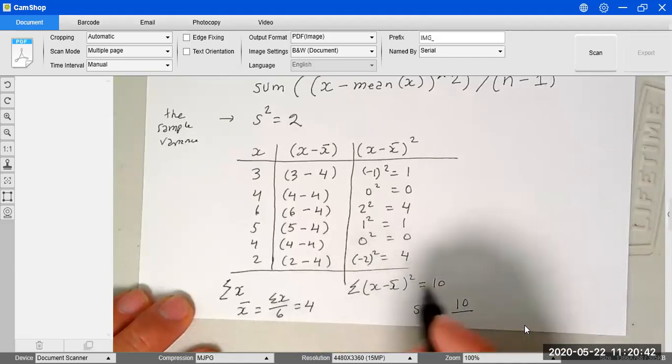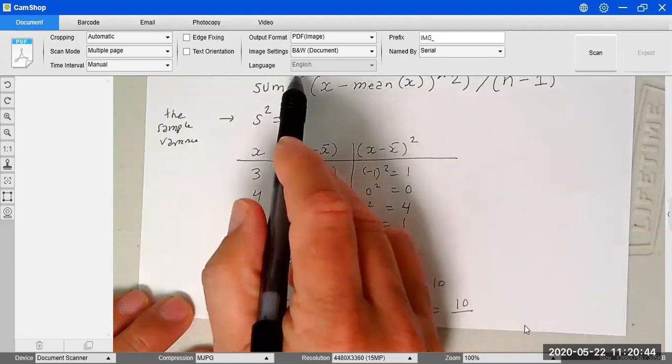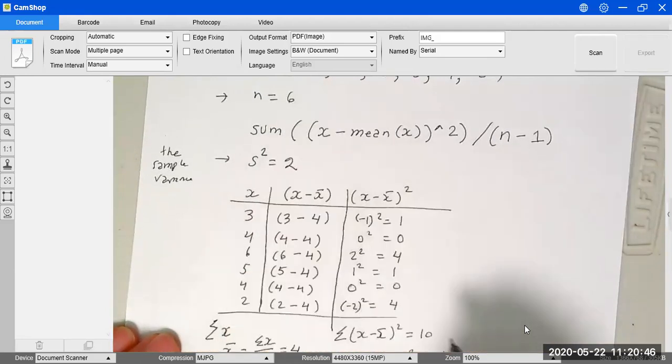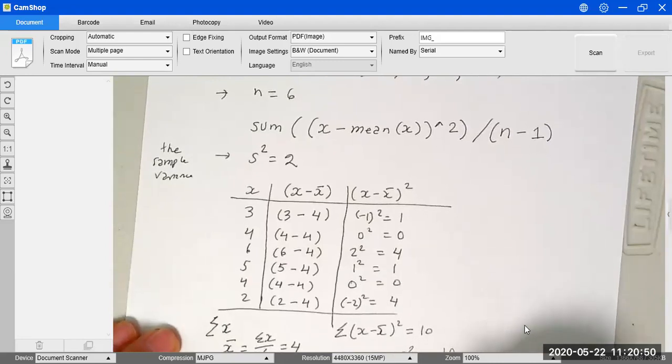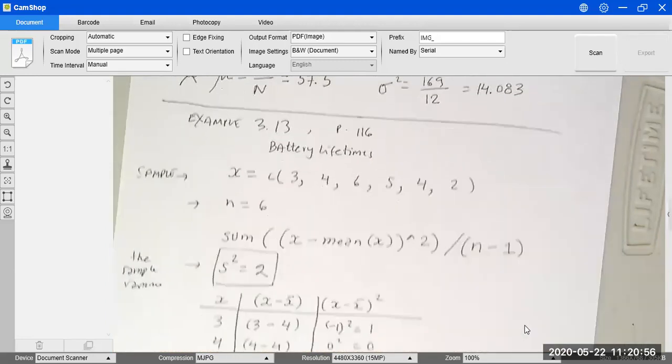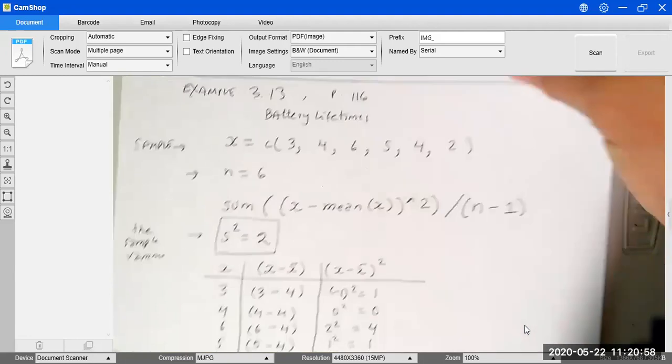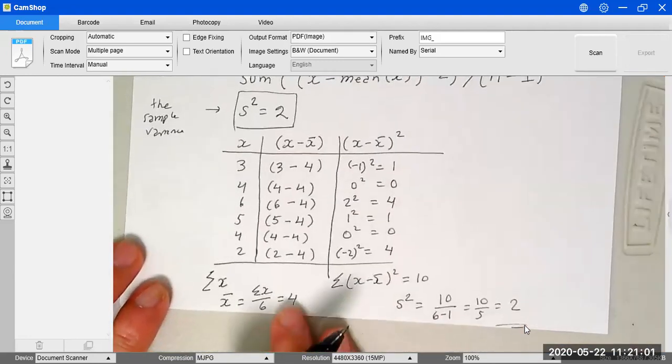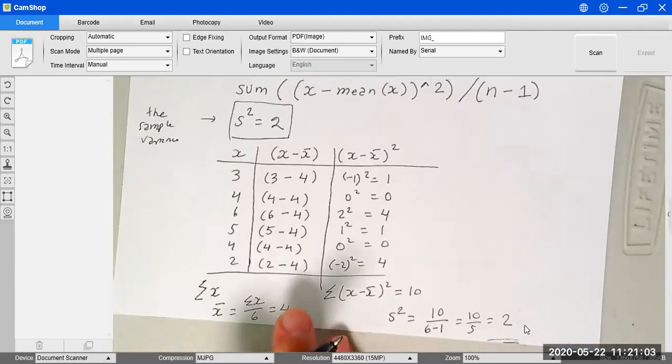So n is 6. 6 minus 1 is going to be 5. So 10 over 5 is going to be 2, which is the value that we got by using R. So that's the variance of this sample.